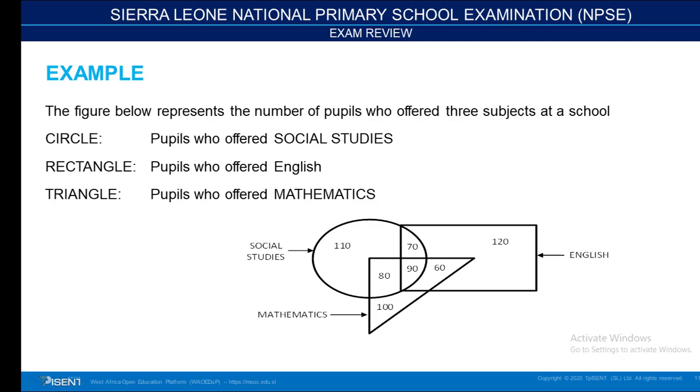Now, the rectangle represents those pupils who are offering English language. The circle represents those pupils who are offering social studies. The triangle represents those pupils who are offering mathematics.